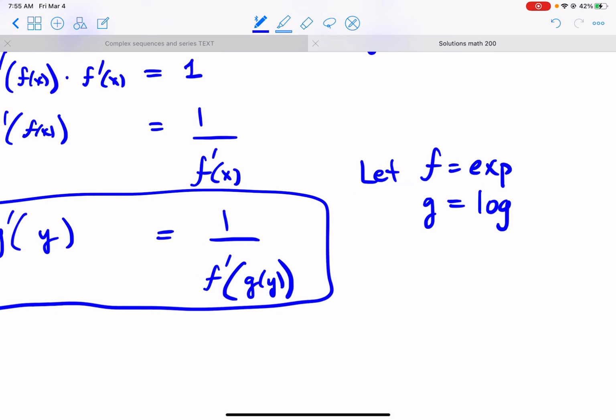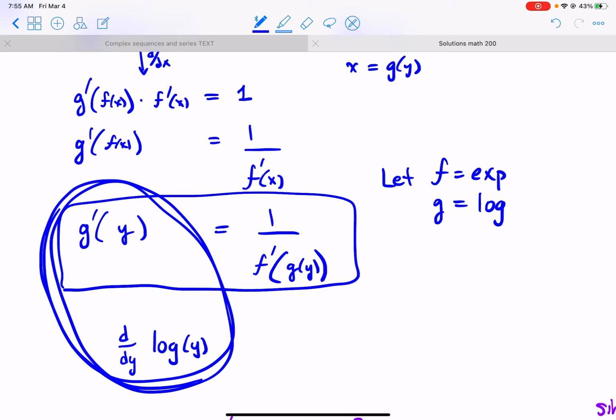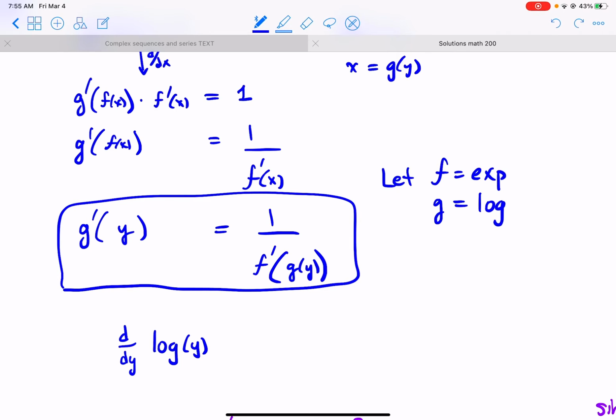So now, replacing, what do we get? We get that the derivative with respect to y of log of y equals 1 over the derivative of the exponential function, which is just the exponential function again. So f prime became exp.